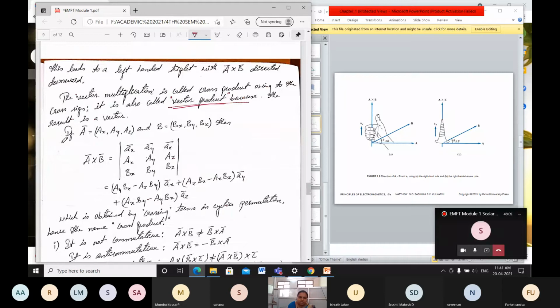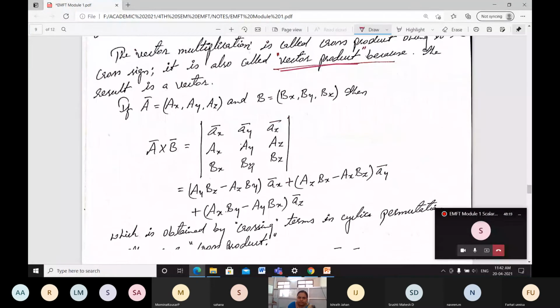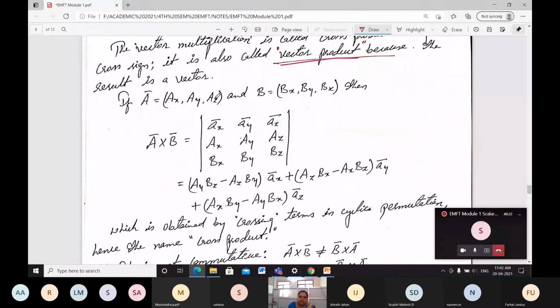Then again, if a vector A has the components Ax, Ay and Az, and B has Bx, By and Bz, then the cross product is going to be, remember here the unit vectors, first we have to take the direction, because the unit vector is giving the direction, remember that.